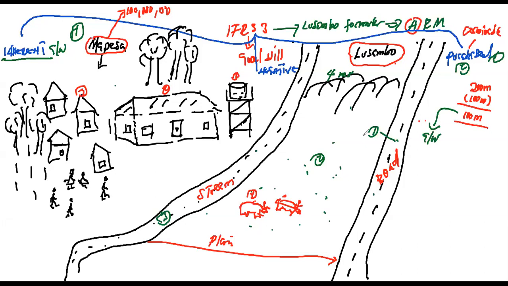So in IFRS it defines this goodwill as future economic benefits arising from assets that are not capable of being individually identified and separately recognized. So which assets in this farm cannot easily be identified and individually measured, maybe if I may put it that way.